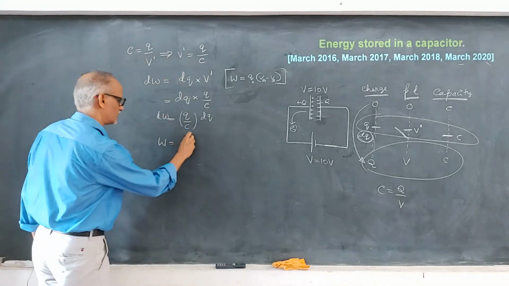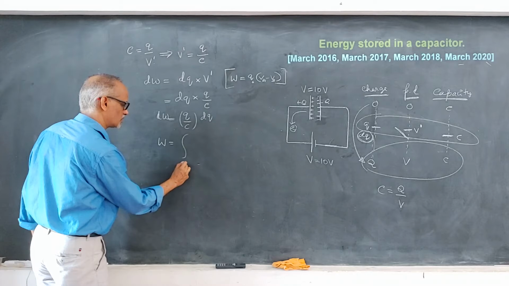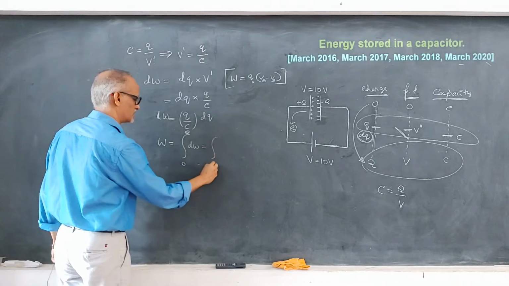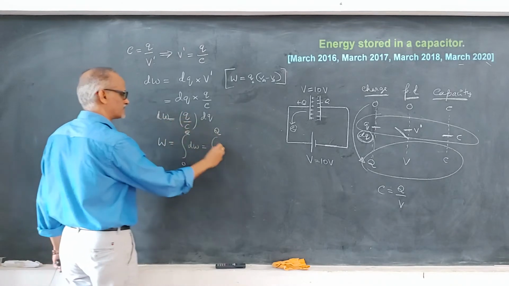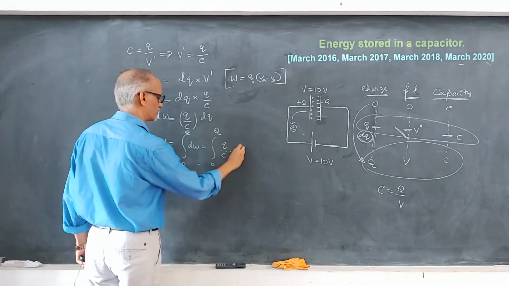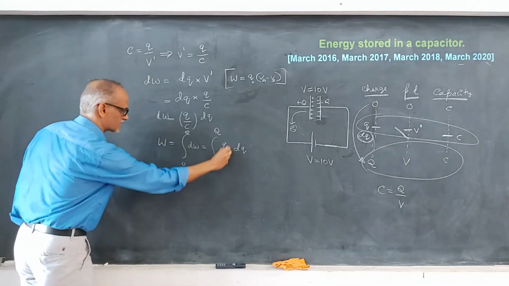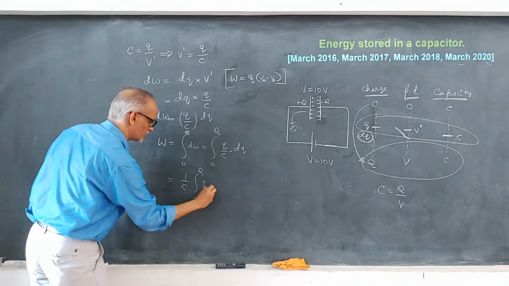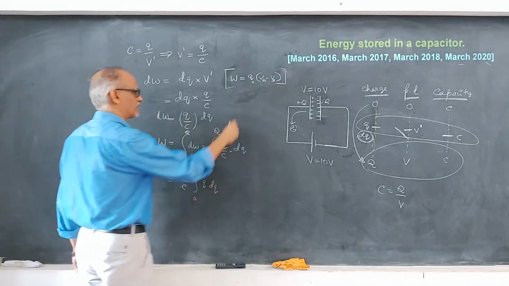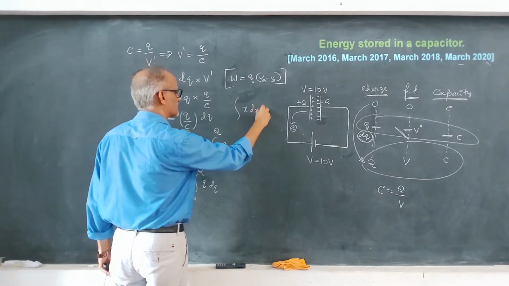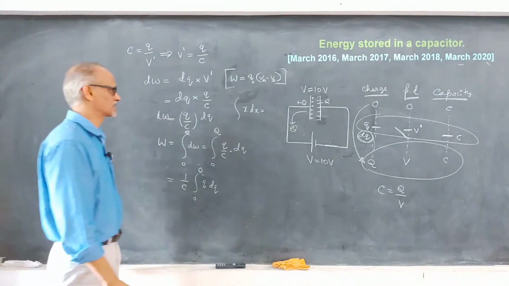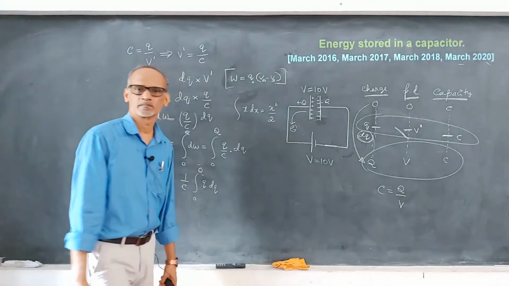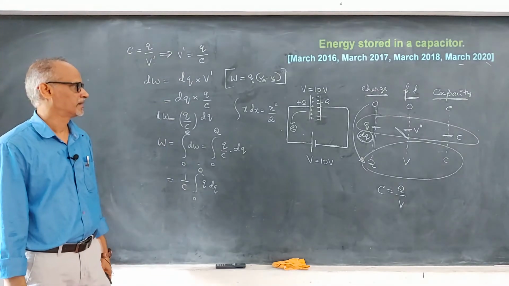W is equal to the integration of dW with limits 0 to Q. dW is nothing but Q by C into dq. 1 by C is a constant, so it comes outside. The integration from 0 to Q of Q dq is of the form integration of x dx, which is nothing but x square by 2.